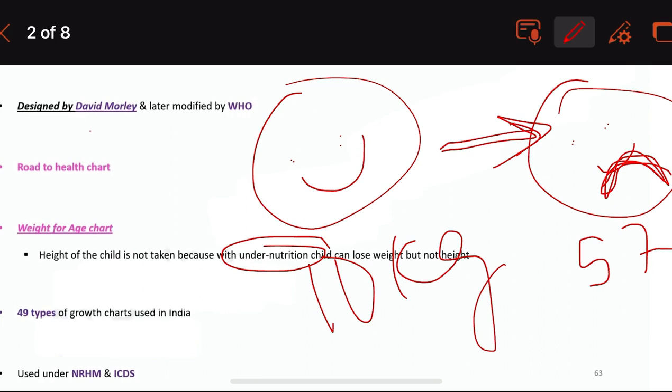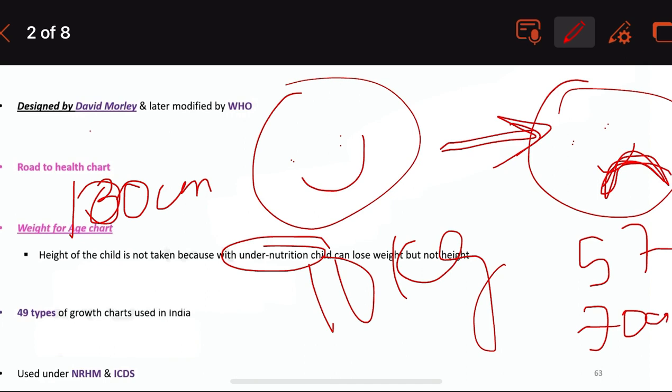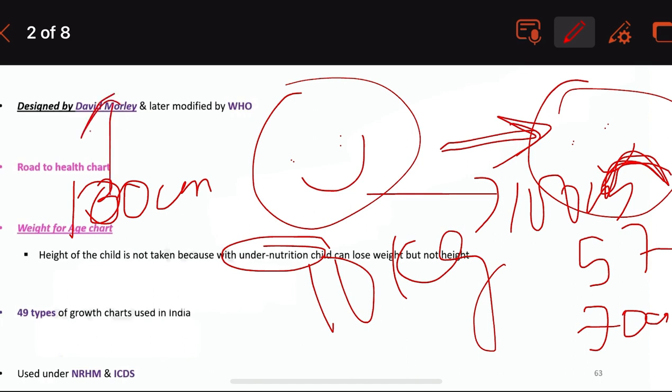And if the baby was 100 centimeters, then it won't become 80 or 70 centimeters once it starts becoming undernourished. The height will remain 100 centimeters only. It might not increase, but it won't start decreasing.